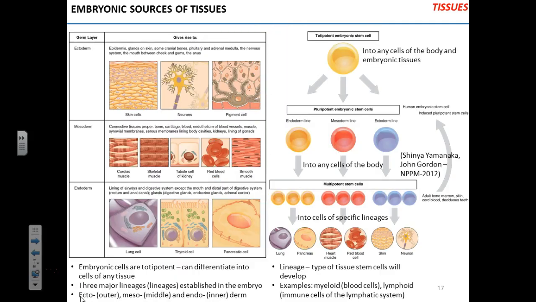Now, where do these tissues come from? Well, after we stop being haploid and become diploid, become embryo, well, first, we can become anything.